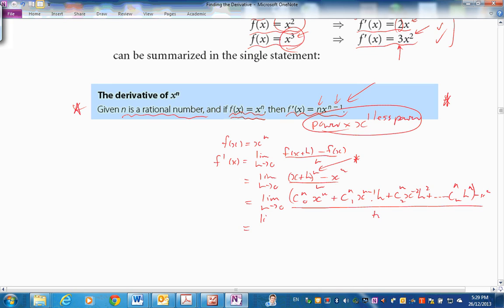Let's simplify this. Limit as h tends to 0. nC0 is the outside entries of the rows of Pascal's triangle, and nC0 is 1, no matter what n is.